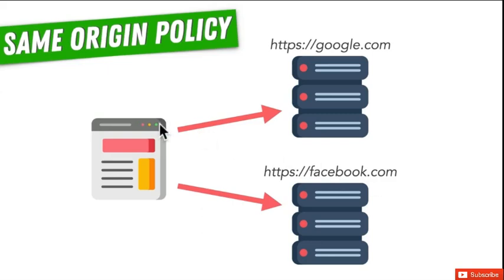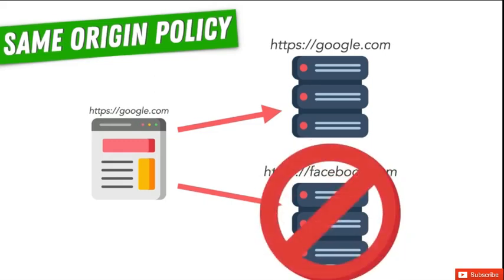So the scenario where Google gets data about your friends from Facebook isn't allowed, because that helps protect your privacy. So say we've typed in google.com into our browser and we're browsing Google. The request to Facebook will be denied by the browser because it's enforcing that same origin policy.